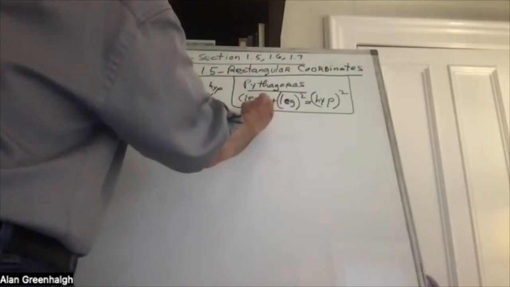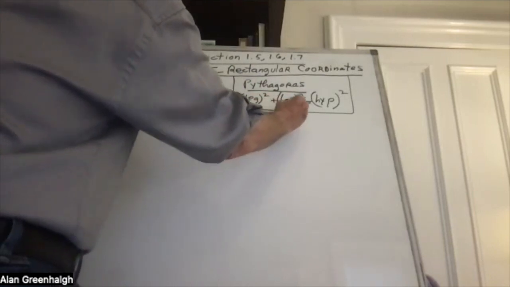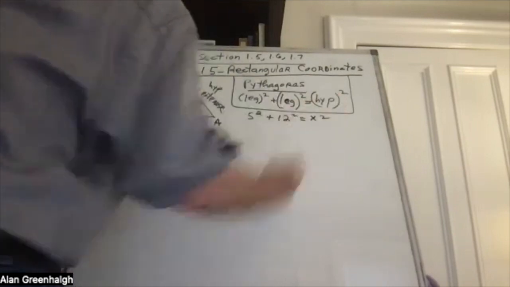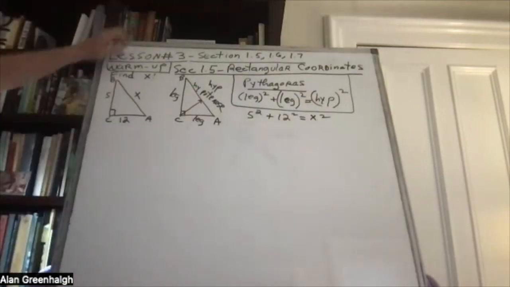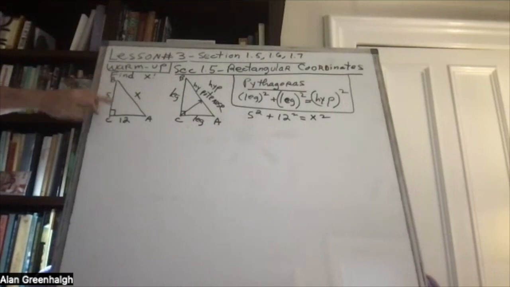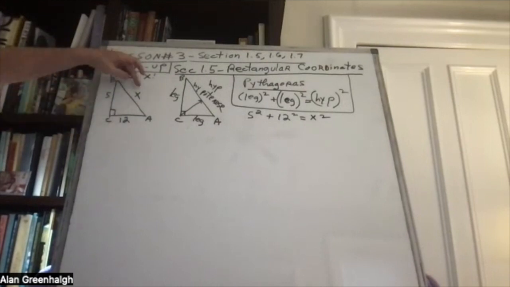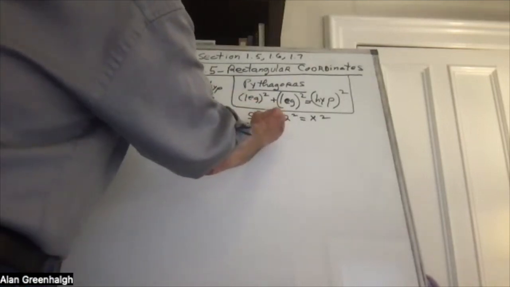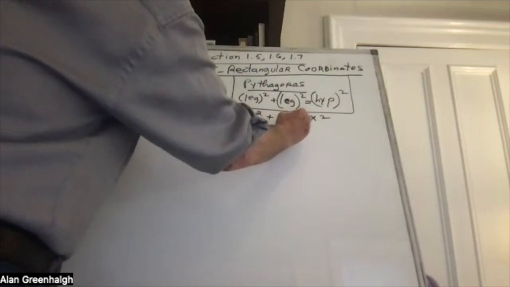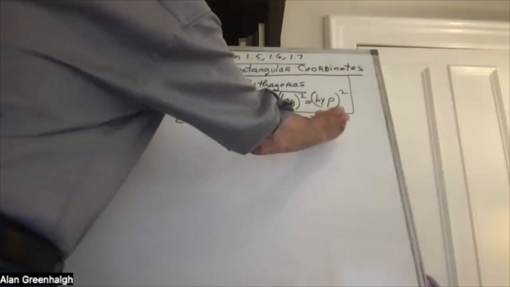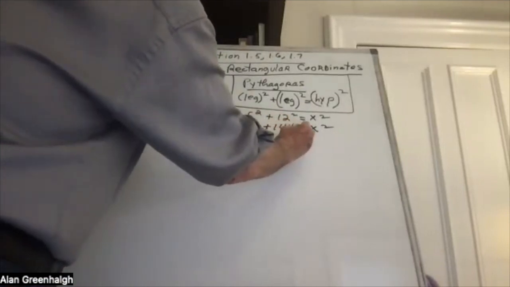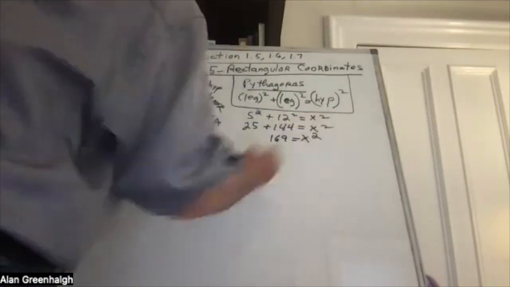5 squared plus 12 squared is equal to x squared. 25 plus 144 is equal to x squared. 169 is equal to x squared.